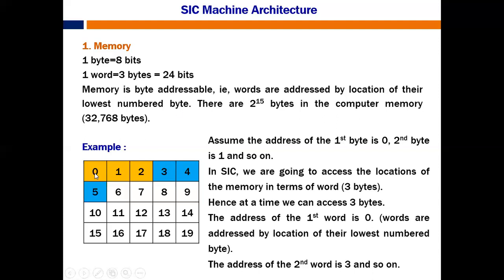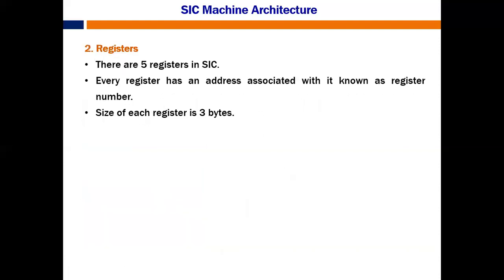In the first word, it is 0, 1, 2, the lowest number is 0, so the address of the first word is 0. The address of the second word is 3, the address of the third word is 6, and so on. So this is how words are referred to.